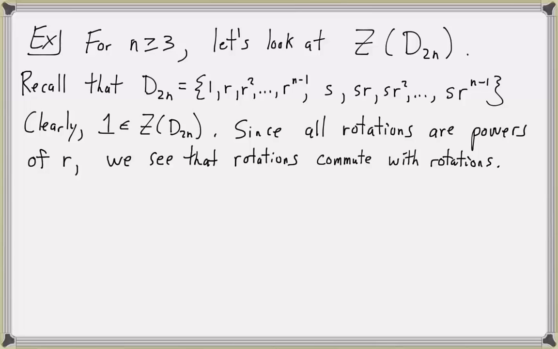But which rotations commute with the reflection s? So in order for a rotation to be in the center, it has to commute with all elements of D2n, so it's in particular got to commute with the element s.